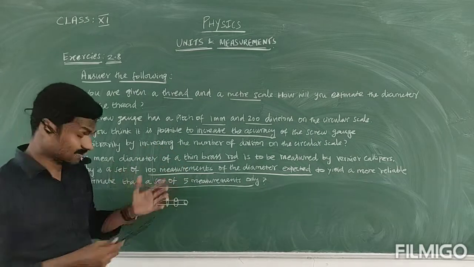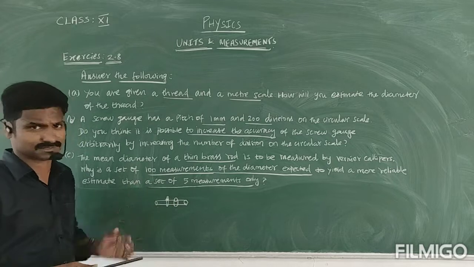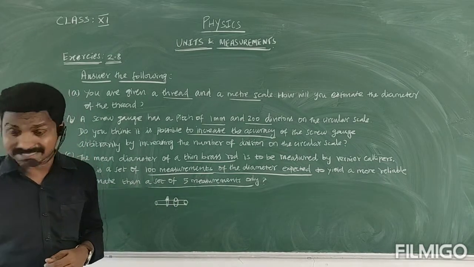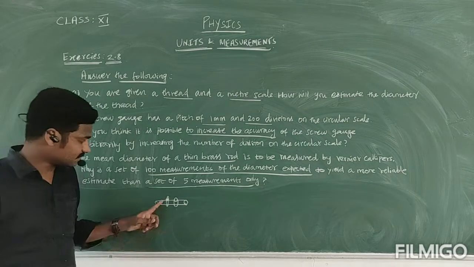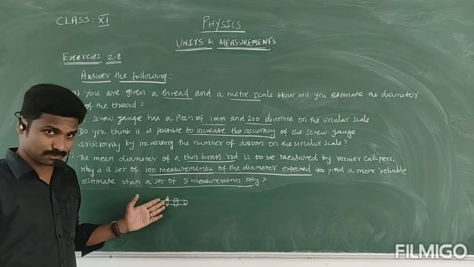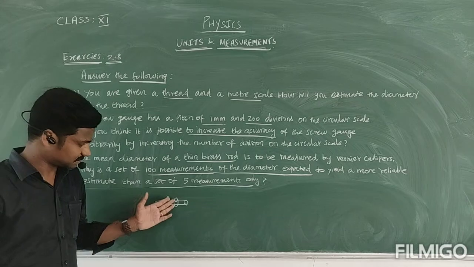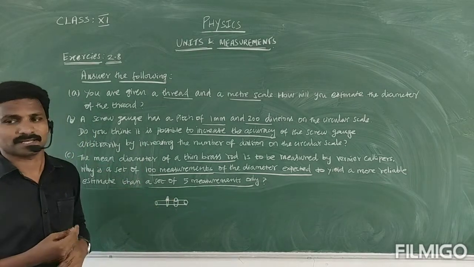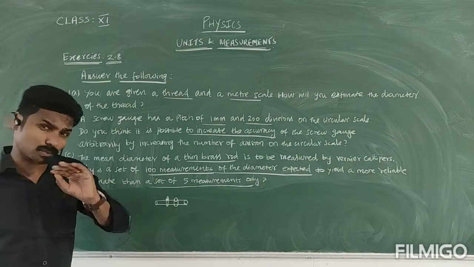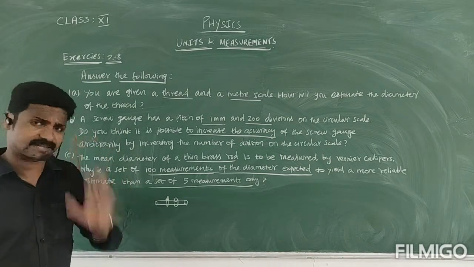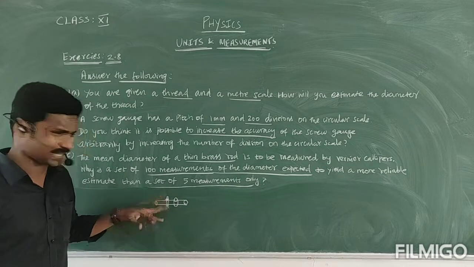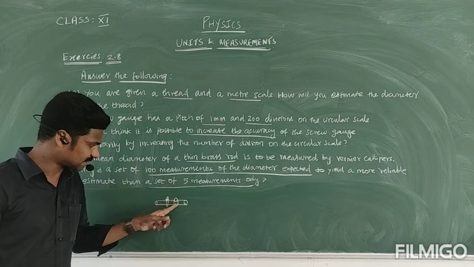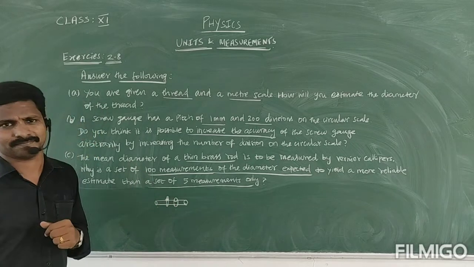That means the error occurred due to observation, that is random error. Due to this random error, maybe it is a positive 0.2, this is a negative 0.2, so they will cancel each other. Suppose you take at least 100 readings, there is a possibility they cancel each other. The random error will be cancelled. Here a positive value is there, here negative values, and they will be cancelled.